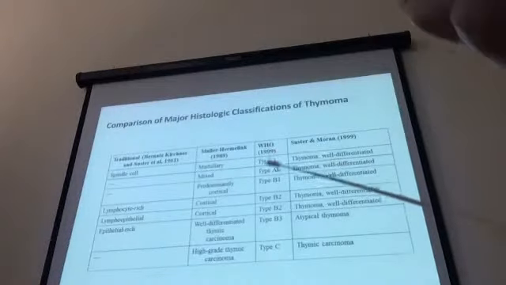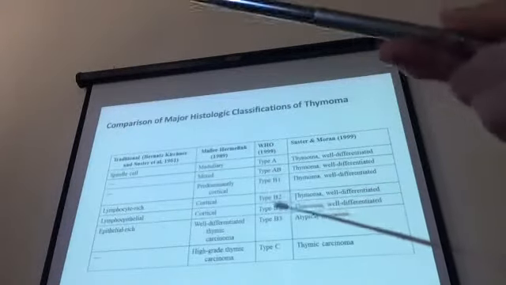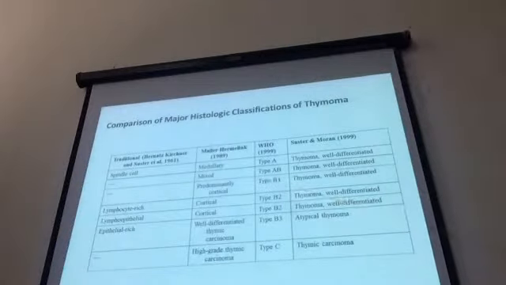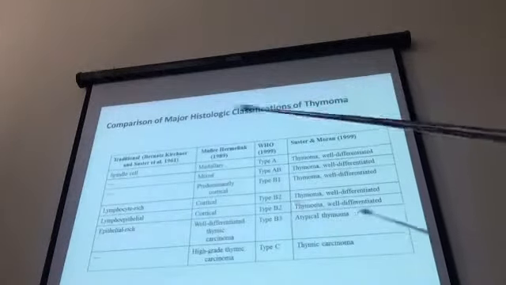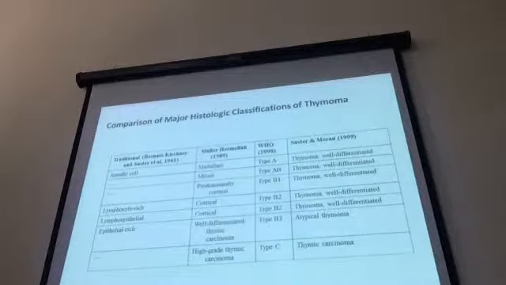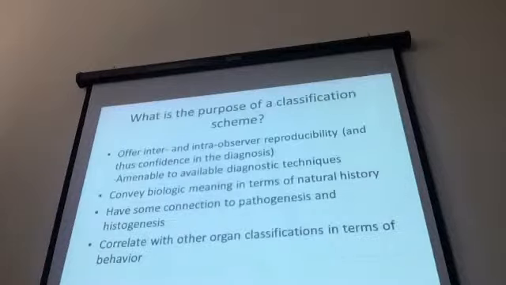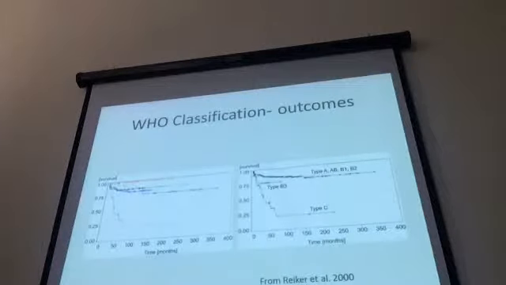Well, this is fairly reliable, except with some of these B types, a little bit more difficulty there. I don't know about this one. This is very reproducible here. Does it convey the biology? Well, let's look at the survival. So here's the survival curve using the WHO types.